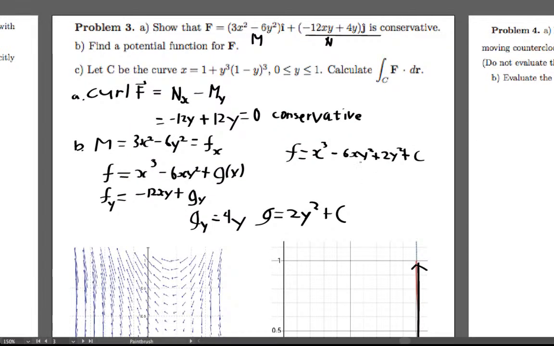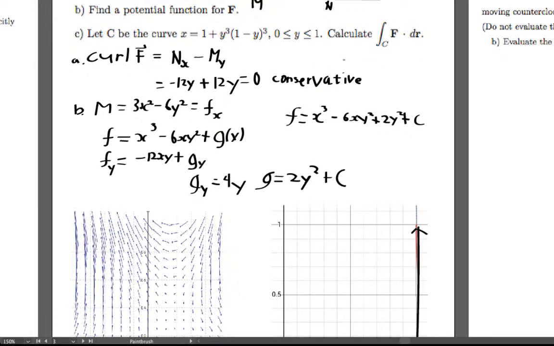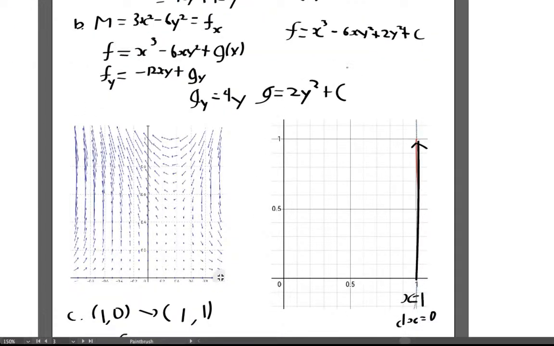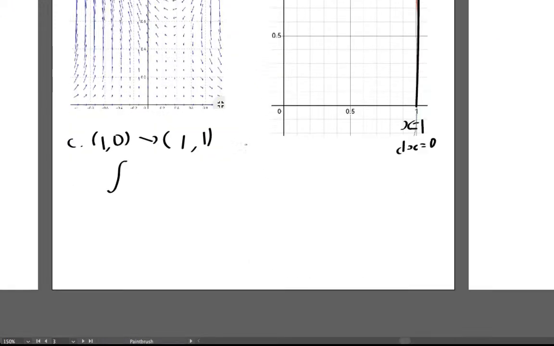So you will have minus 12xy plus 4y, but x is 1, so it's minus 12y plus 4y, which is minus 8y. Let me write that down: minus 8y dy, evaluated from y equals 0 to 1. When you solve it, the answer is negative 4.